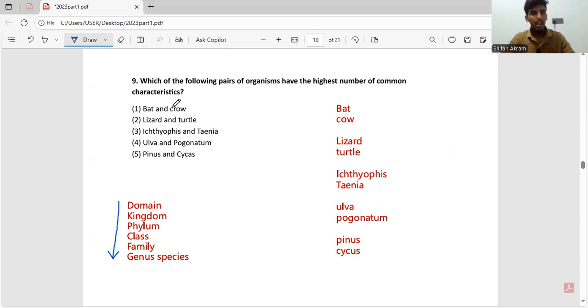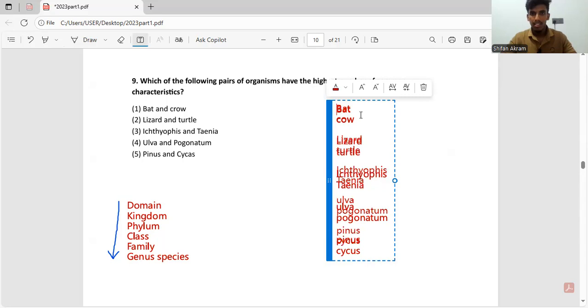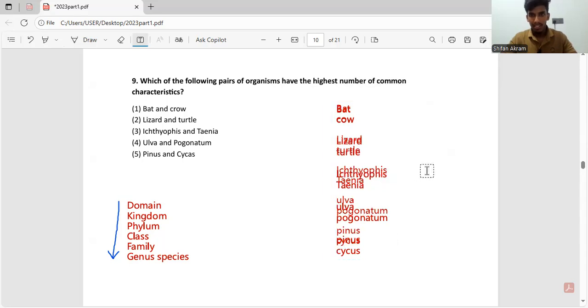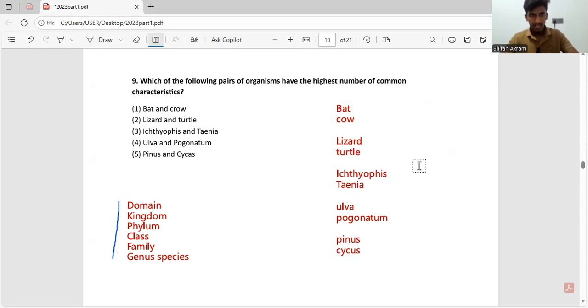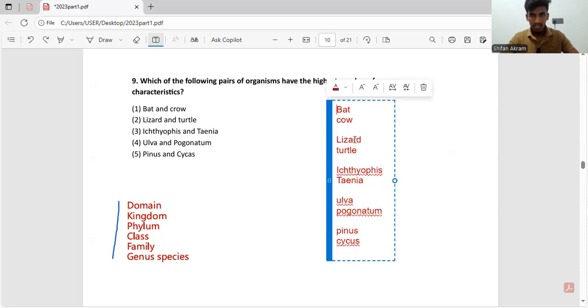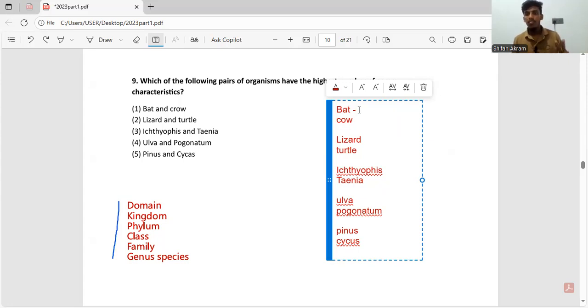So the first statement, we have a bat and a crow. Now let's answer this. Bat and crow both belong to phylum Chordata, right? But bat belongs to class Mammalia and not crow.